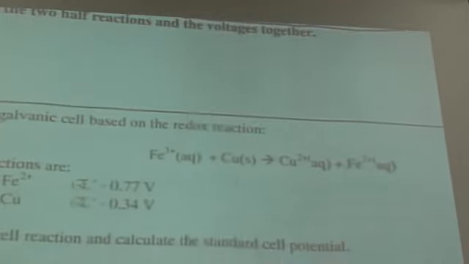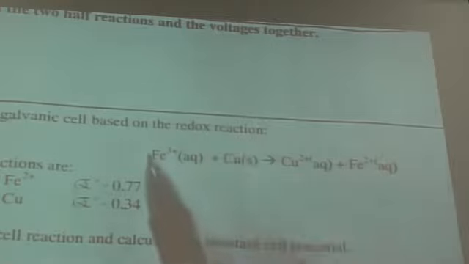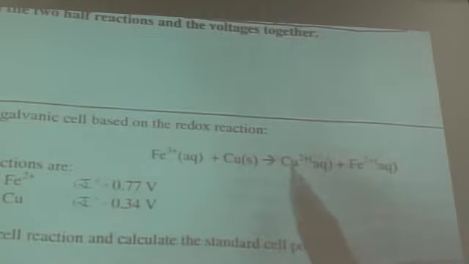Okay. Here you go. Consider a galvanic cell based on the redox reaction here. So we have, this is a net ionic equation. We have iron 3 ion plus elemental copper, making a copper 2 ion and an iron 2 ion.